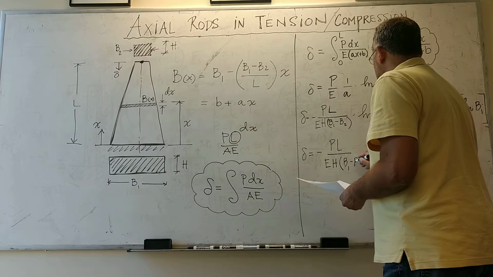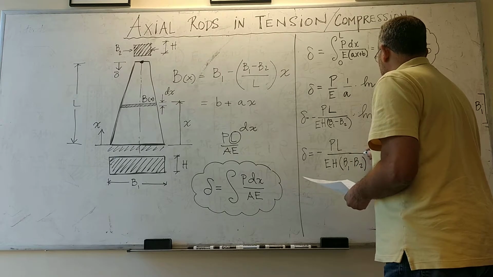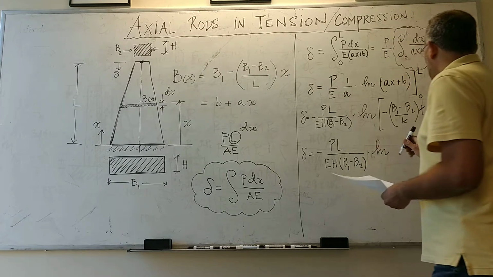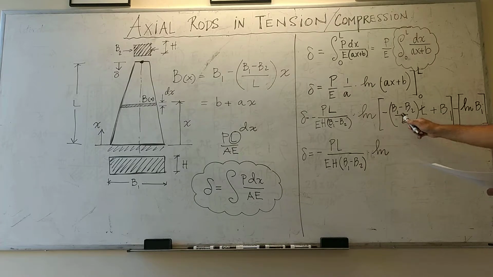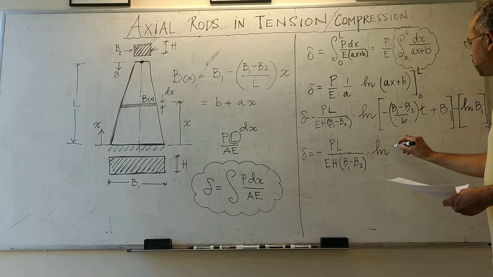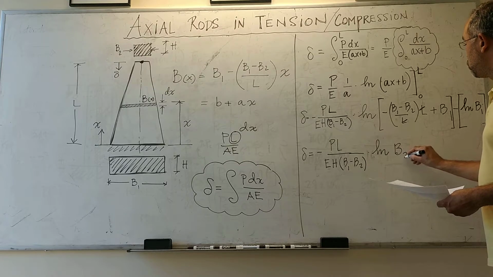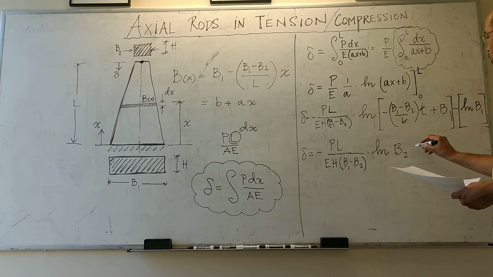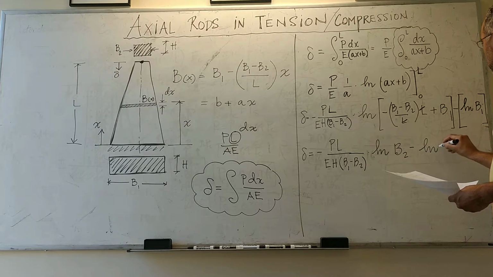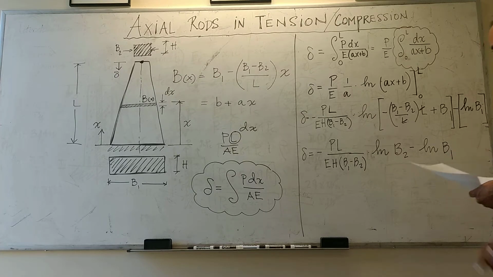Times the log. So here we get minus b1 plus b2 plus b1. So this becomes log of b2 minus log of b1.